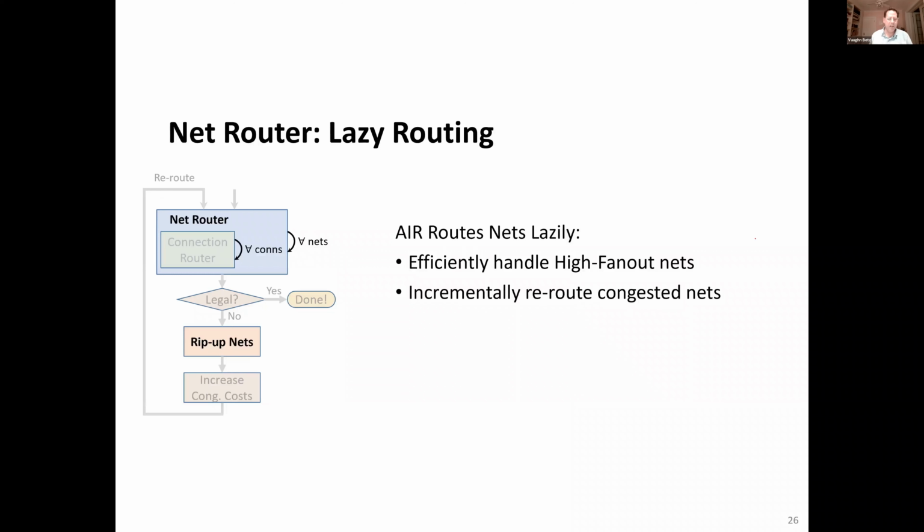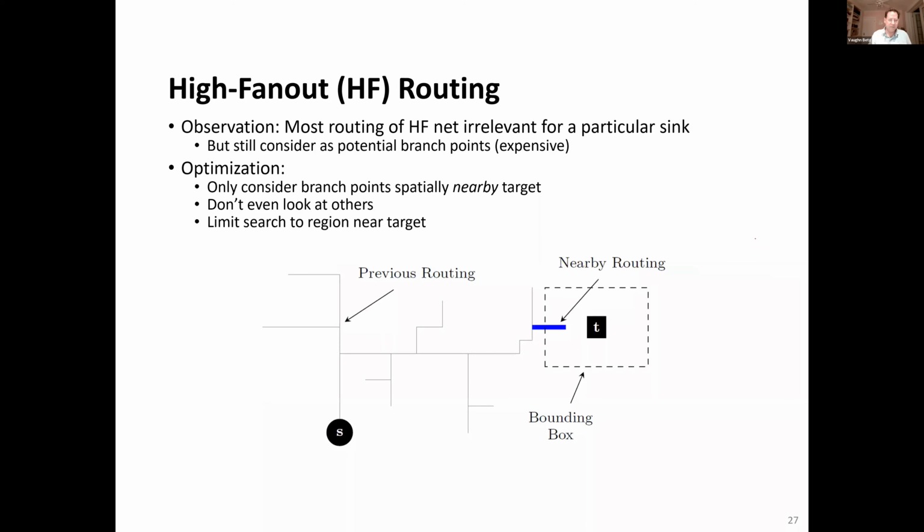The lazy part of it is it tries to do much less rip up and much less exploration of the graph. The first thing it does is it's lazy about routing nets. A lot of the routing time we found was spent on high fan-out nets, so we are more incremental in how we reroute those. For a high fan-out net, the standard approach when you're going to route a connection is that I've got a lot of previous routing.